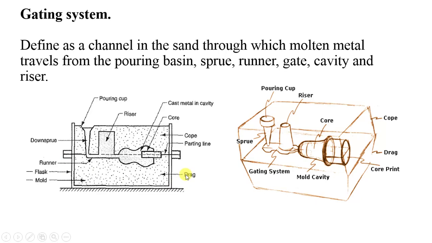So you remember D as downward or D as drag, because many students get confused between drag and cope. So they used to write drag at the upper side. So you remember D as downward and remember it as drag. Then the upper half is called as a cope.